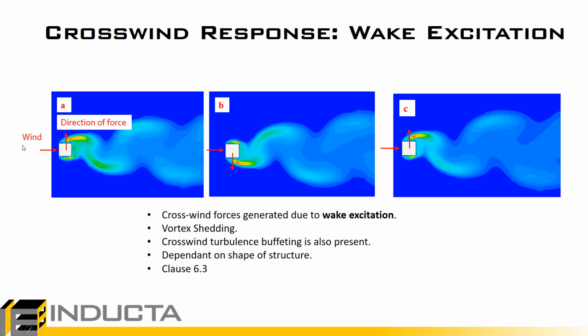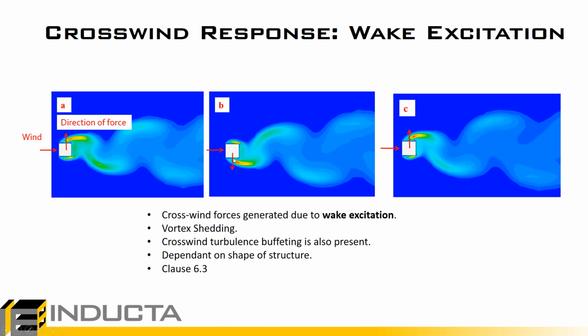So here we have the wind in the X, and basically as the flow goes around the building, we have some vortex forming, which will then shear and break off. As it breaks off, it loads the structure in one direction. The same thing is happening as this vortex is building up on the other side of the building, which then sheds off.